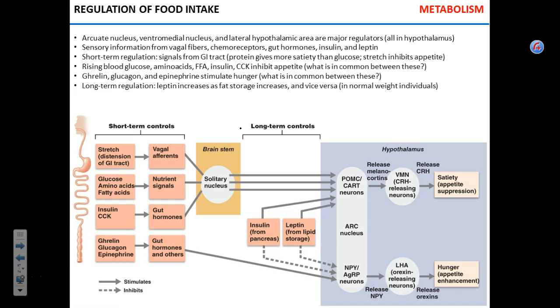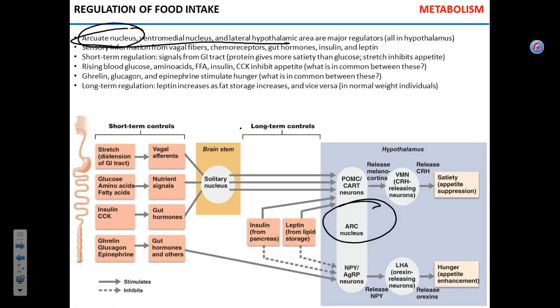Hypothalamus, people. There are several nuclei in the hypothalamus that are responsible for it. You don't have to memorize those nuclei. The arcuate nucleus is perhaps the most important part of the regulation of the appetite.